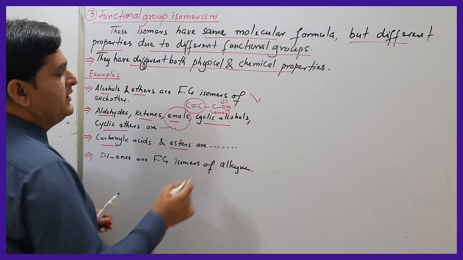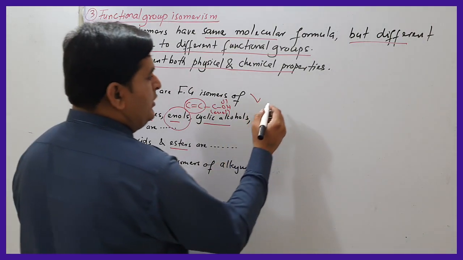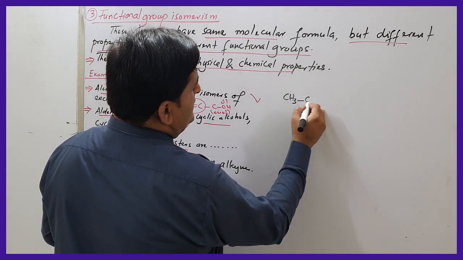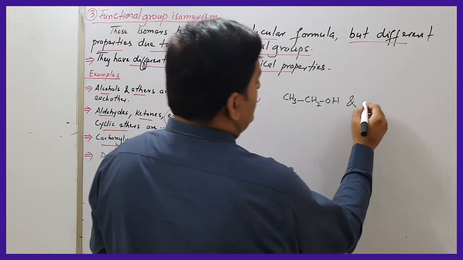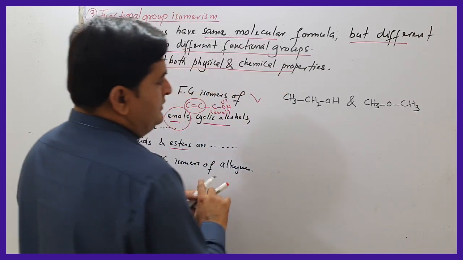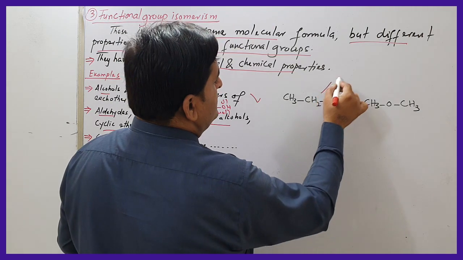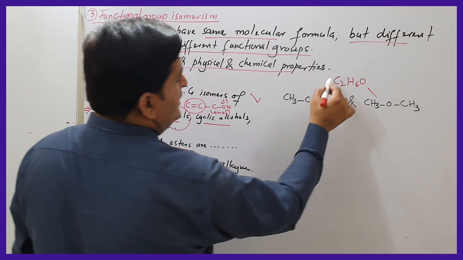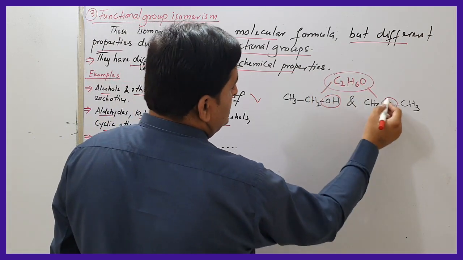Taking the first example, alcohols and ethers are functional group isomers of each other. How? If we have ethyl alcohol and CH3OCH3, both compounds have the same molecular formula, C2H6O, but they have different functional groups.